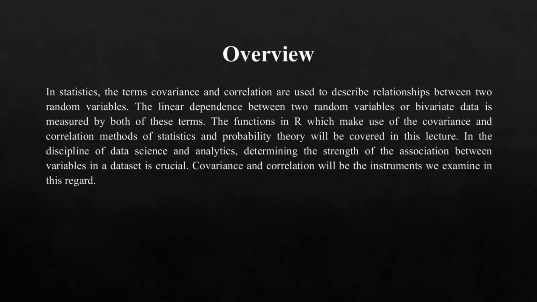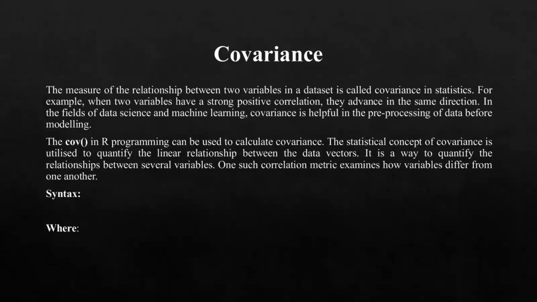In the discipline of data science and analytics, determining the strength of the association between the variables in a dataset is really important. Covariance and correlation will be the instruments we examine in this regard.